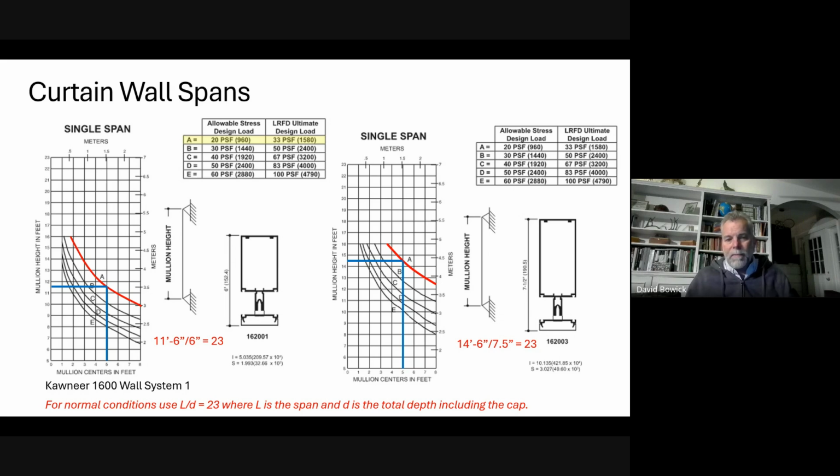If they're wider, then it might be L over 18. If your loads are high, like at the top of a high rise, your L over 23 is going to fall apart. So like any rule of thumb, it's contextual; it's reasonably reliable within a range of application.